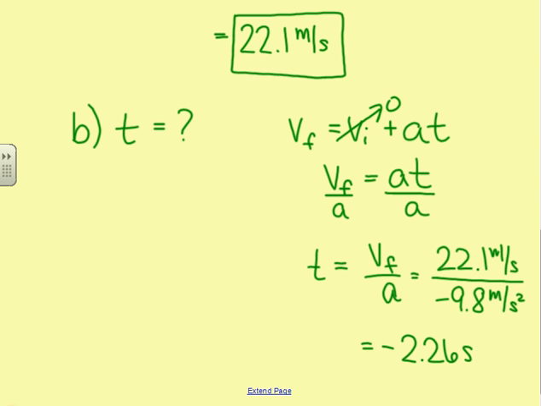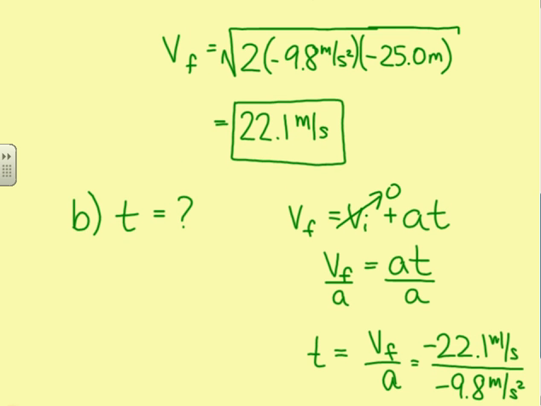And that negative sign I missed is on the final velocity. When I solved for it up above, I used a square root symbol. From math class, we know that there's supposed to be a plus or minus in front of the square root. In physics class, we have to ask ourselves, which one of those two, plus or minus, makes sense?